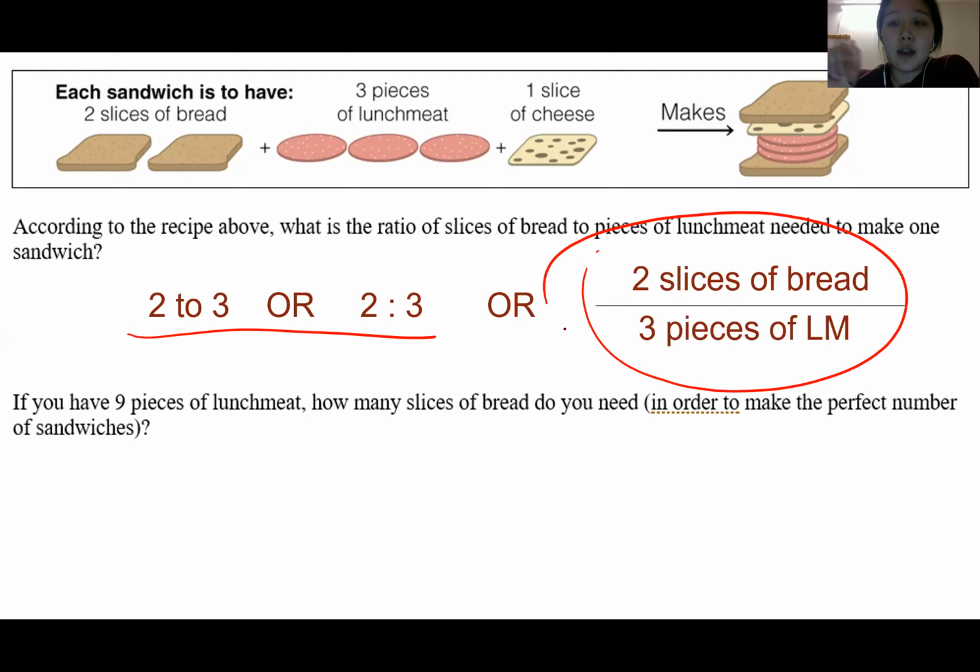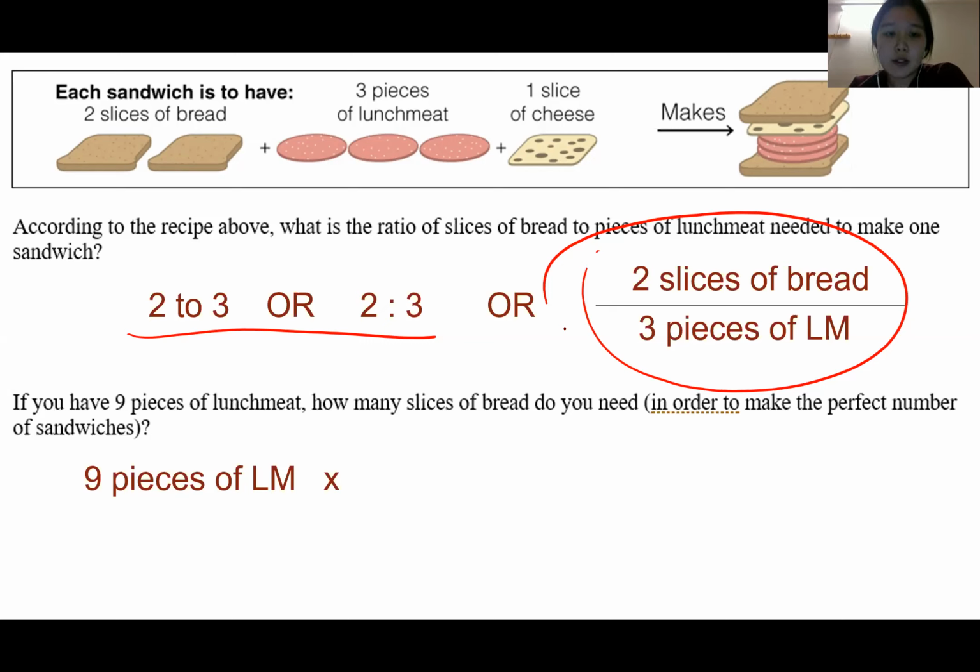Given that ratio, if you have 9 pieces of lunch meat, how many slices of bread do you need to make the perfect number of sandwiches? I know you can do this math in your head, but I want you to get in the habit of doing it using a ratio.